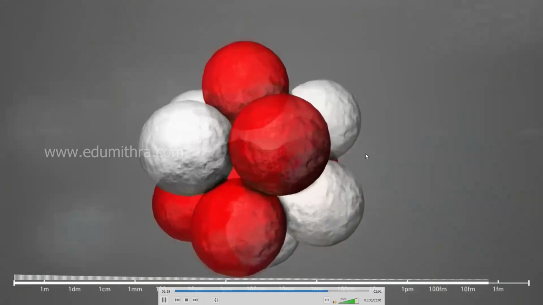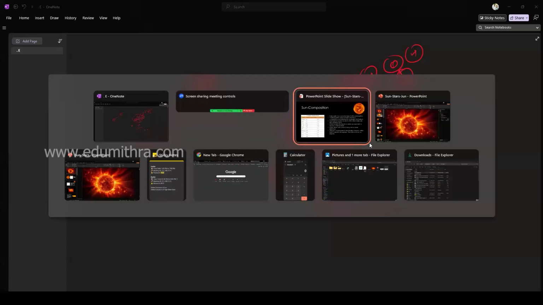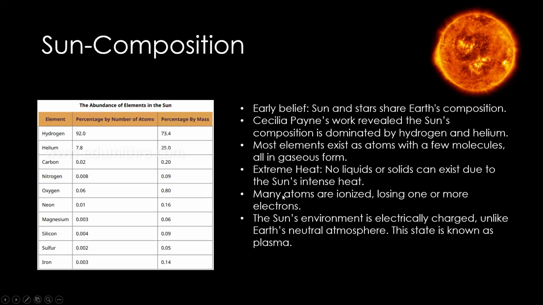And that nucleus consists of two different things: the proton, which has a positive charge, and the neutron, which doesn't have any charge, and the electrons have a negative charge. So that's okay. Now let's go back to what I was telling.